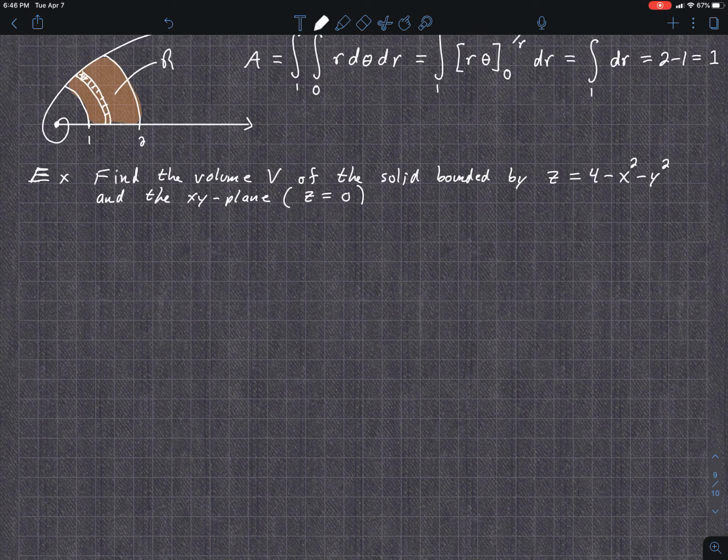And that's when we say z equals 0. So what is the first thing we want to do? It is sketch. Yes, we need to sketch everything. So we want to sketch z equals 4 minus x squared minus y squared. So what is that again? Yes, that is a paraboloid. It looks like that. And it's chopped off by z equals 0.